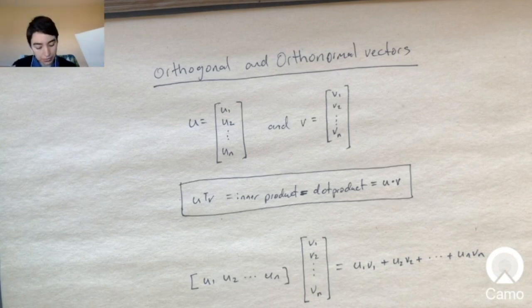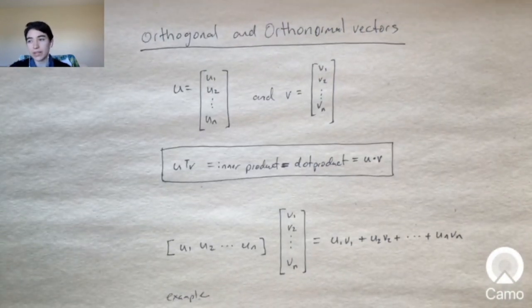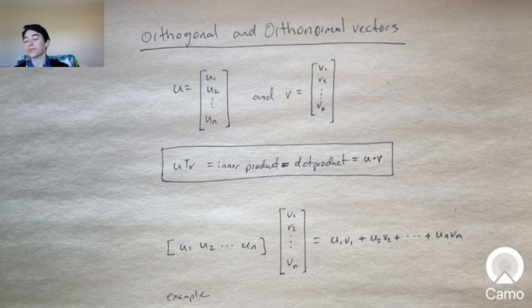What you need to know for now is that orthogonal vectors are vectors that have some relationship to perpendicularity. They're independent vectors, and we'll be getting to that definition later.